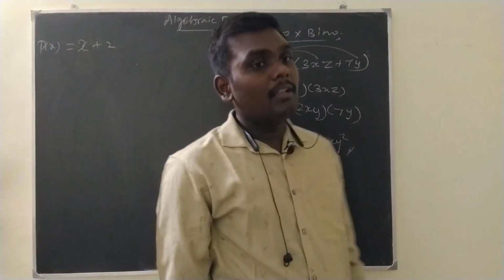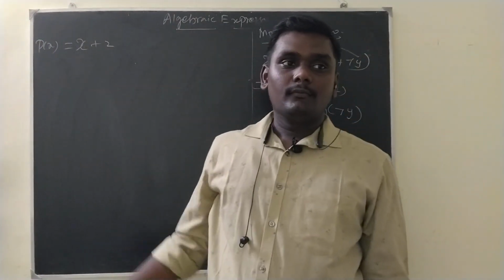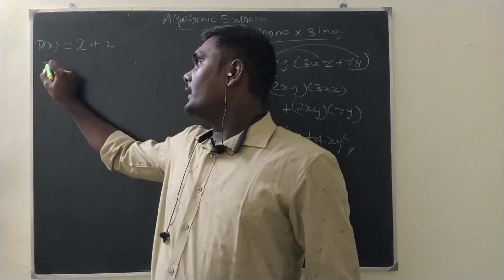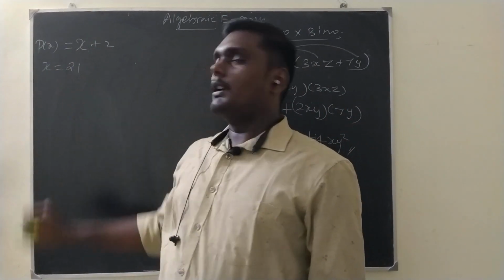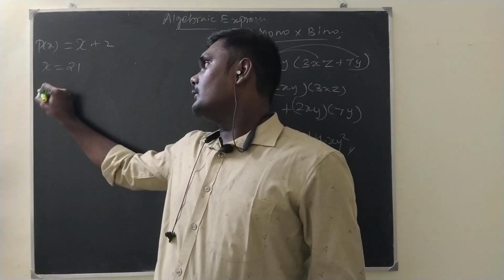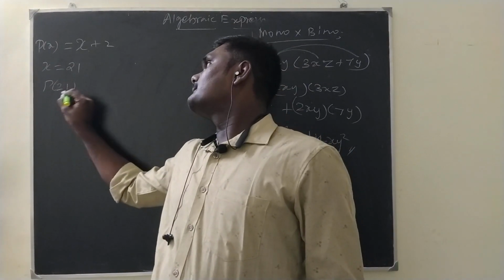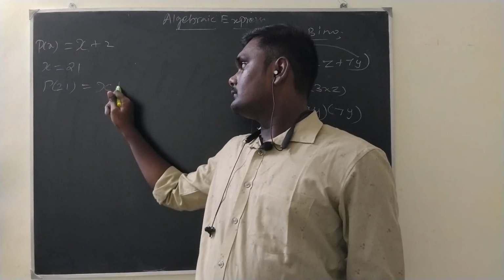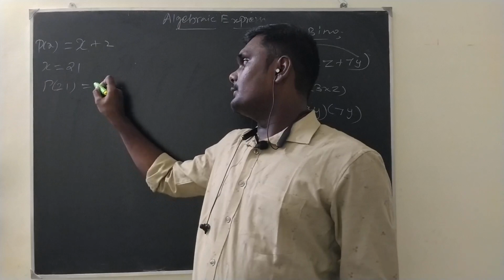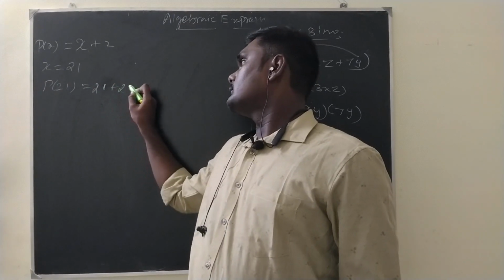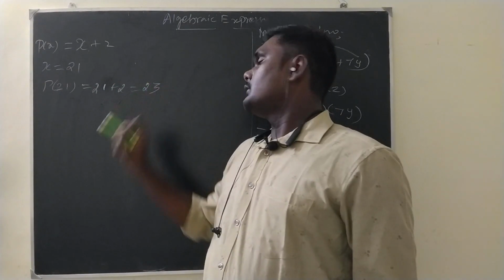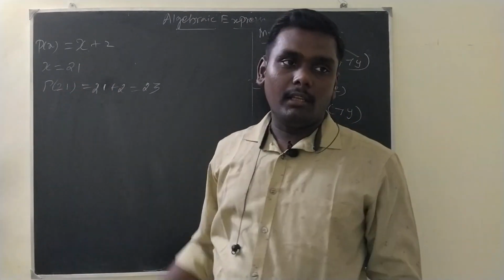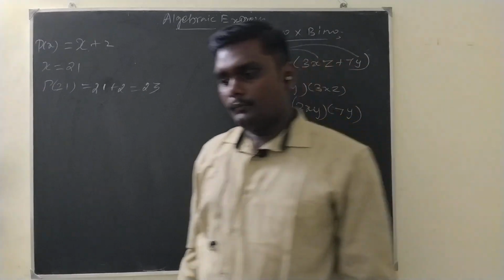Now, when your roll number is 21, the polynomial's value is that. How will you mention it? When x is equal to 21, this is p of 21. So p of 21 is 21 plus 2, so we have 23. It is the value of a polynomial at a particular given value.